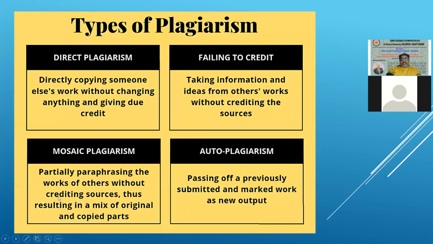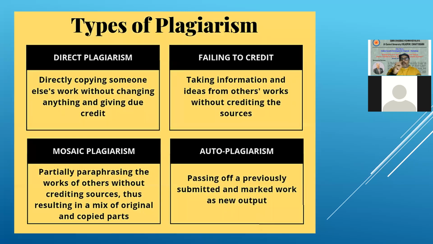So partially paraphrasing the works of others without crediting the source, thus resulting in a mix of original and copied parts, meaning part by part. That is mosaic plagiarism. Like a mosaic, you see in your housing mosaic, one is some design, another is some design. Likewise, somewhere you have written some text, it is copied, somewhere it is not copied, somewhere it is copied, somewhere it is not copied. That is mosaic plagiarism.